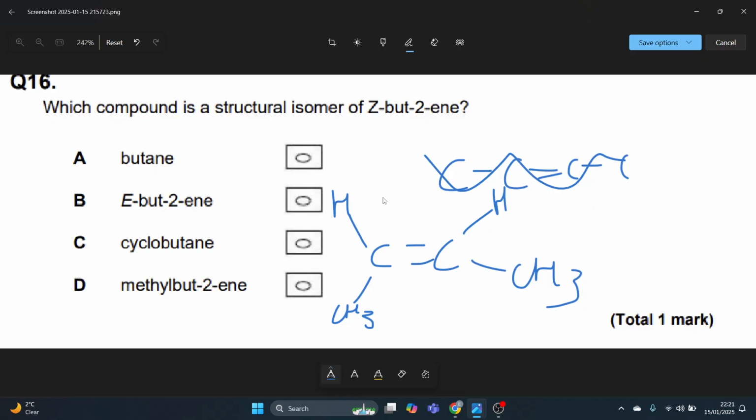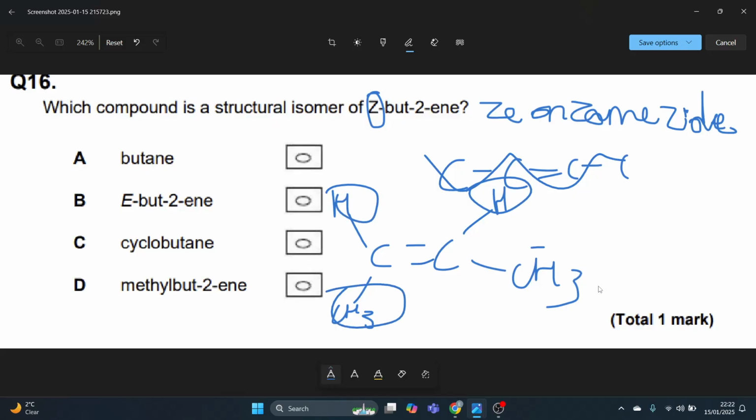Now, which compound is a structural isomer of Z-butene? So Z-butene, they're on the same side. Well, that's just an acronym to know it. So on the same side. Yeah, so perfect. They're on the same side. So which one is the structural isomer of it? Butane is C4H10.